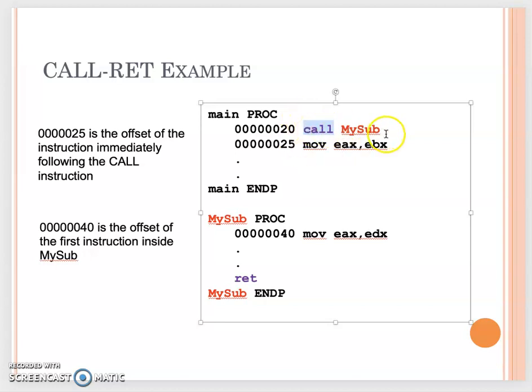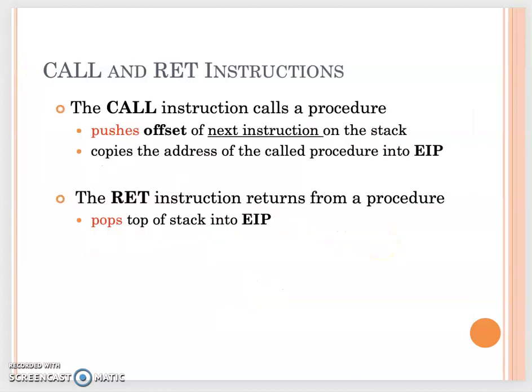When we say we call a procedure, of course, we come to this line, this location, which is the first instruction in the procedure. But how do I know they come here? When you call the procedure, it will copy the address of the first instruction of the procedure into the EIP, so the instruction pointer can start working from here. But before that, the call instruction does two things.